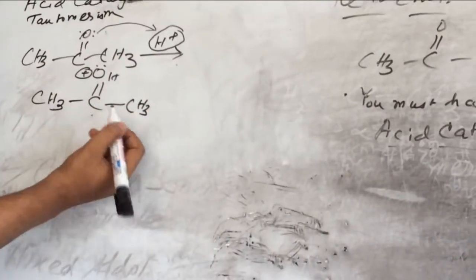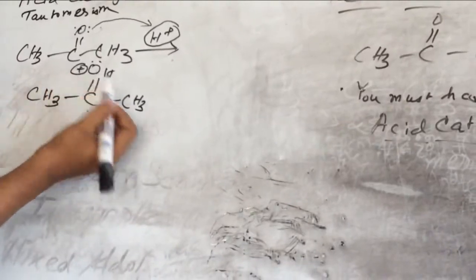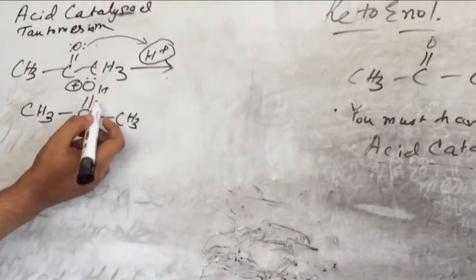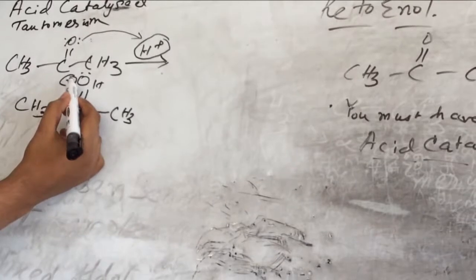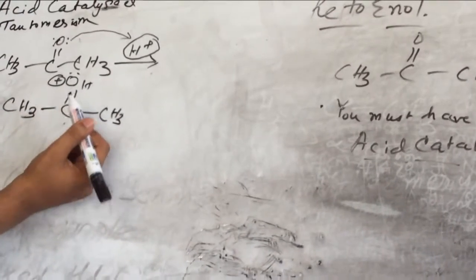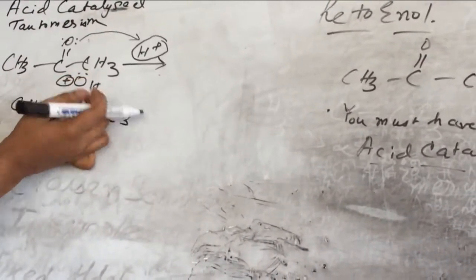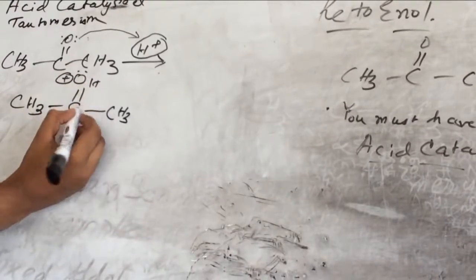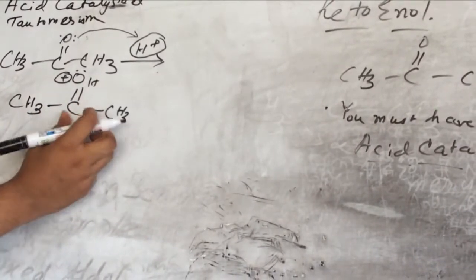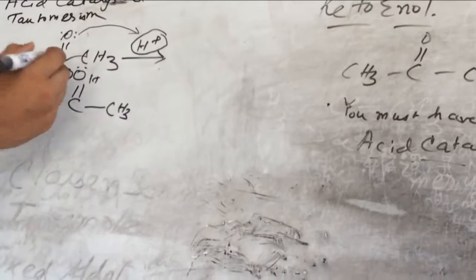The next step is, now oxygen is electronegative and a positive charge is present on it. So what it will try to do is pull the whole of the electron cloud towards itself and become neutral, while carbon will be deficient of electrons and become a carbocation.